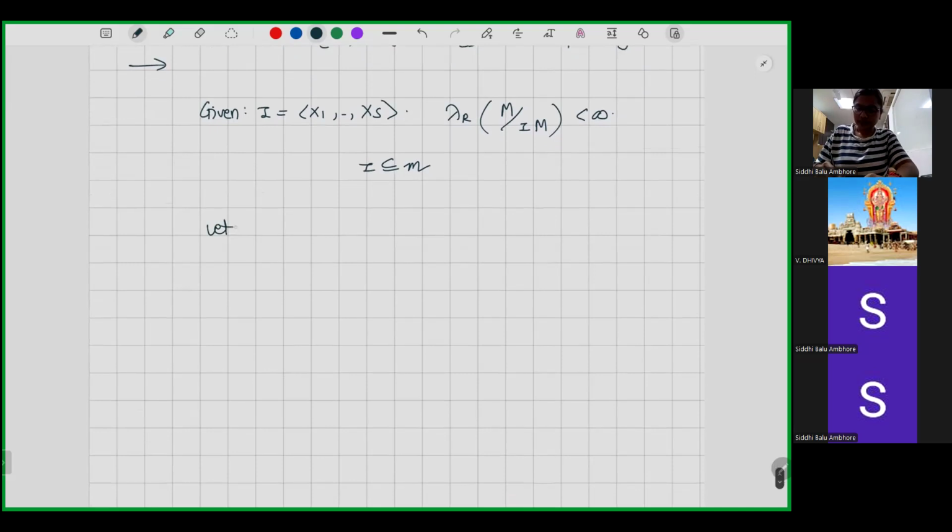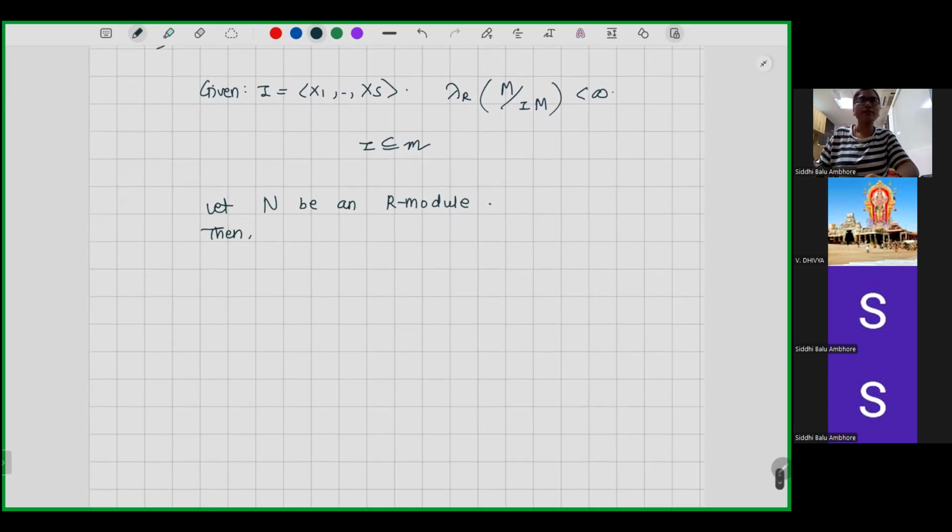So let N be an R-module. Then we claim, now this is a general statement which I'm trying to prove here, that if N is an R-module, then length of N less than infinity implies support of N is {M}.